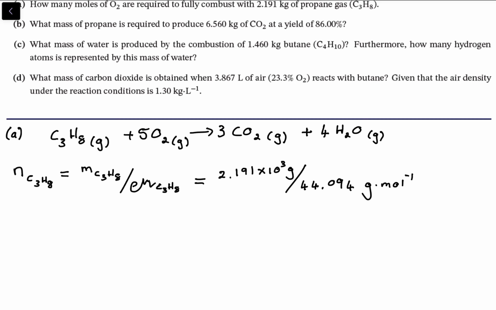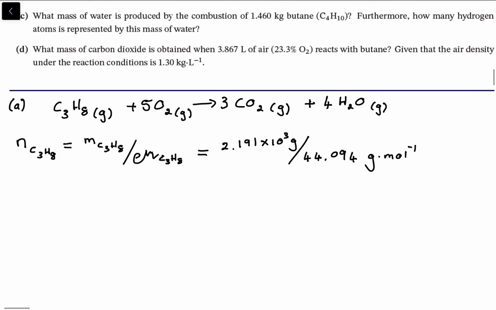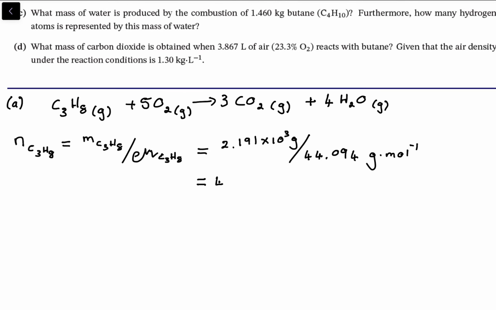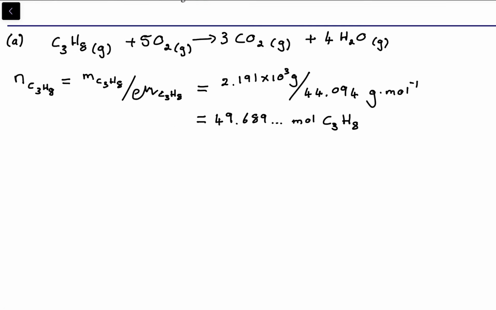All right, 3 carbons, 8 hydrogen, you should get to that value. And then you will get 49.689 and so forth mole propane. Okay, now we have the number of moles of propane. We can go ahead and use our chemical equation to relate the stoichiometries.